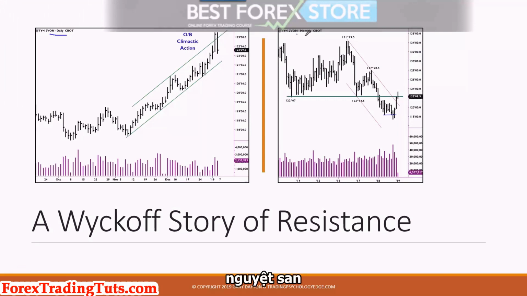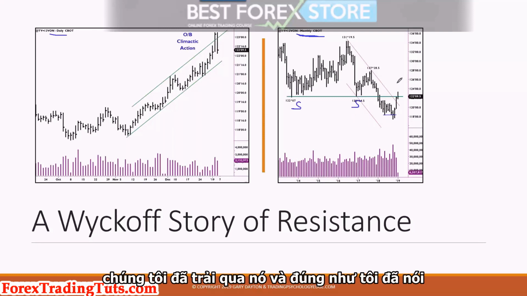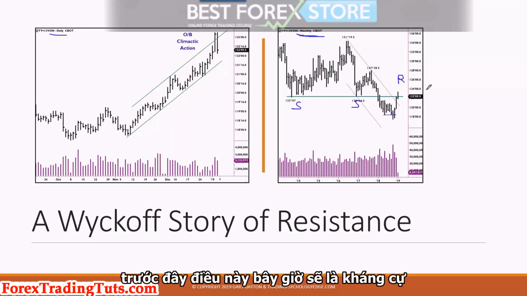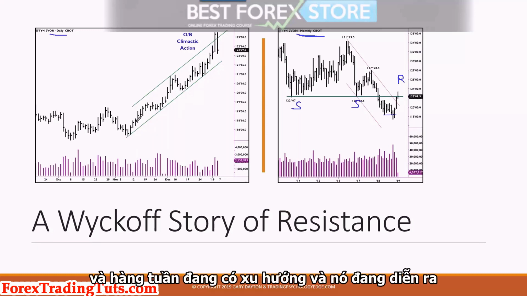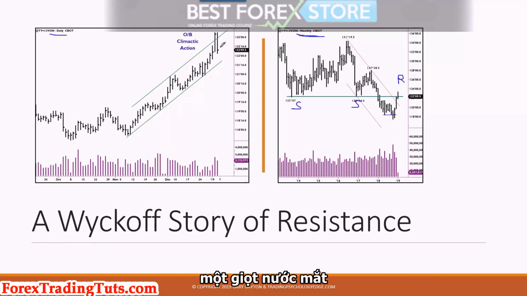Well, if we look on the monthly, this was support in here earlier. We went through it, and just as I said before, this should now be resistance, okay? So the higher time frame, the monthly chart, is saying, watch for something to happen here. And the weekly is on a trend, and it's on a tear, right?